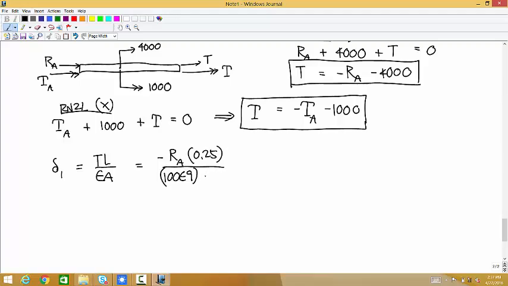And the cross-sectional area is pi times 0.01 squared. Can someone calculate the denominator there? So you get negative 0.25 RA over pi times 10 to the 7th? Yeah.